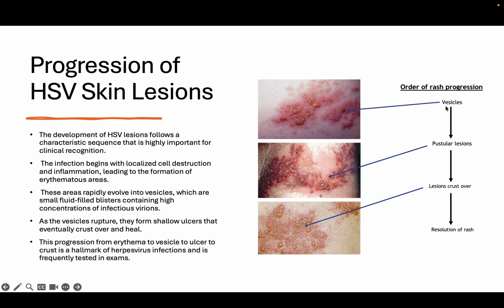So this progression, first the erythema bed, vesicle formation, popping of the vesicles, crust formation, is very clinical of HSV, herpes simplex viruses. A clinician will already say you have herpes virus. It's as simple as that.